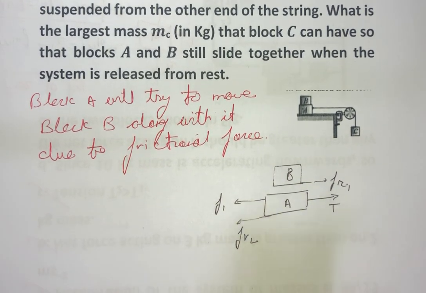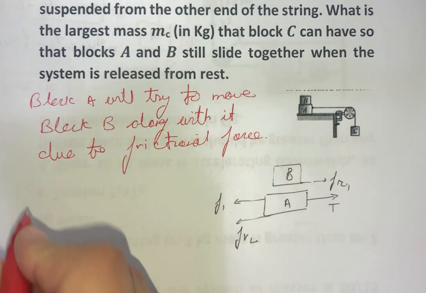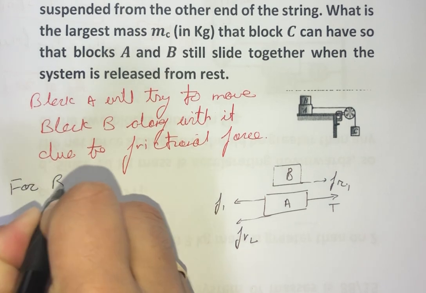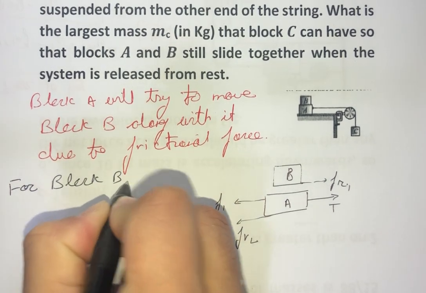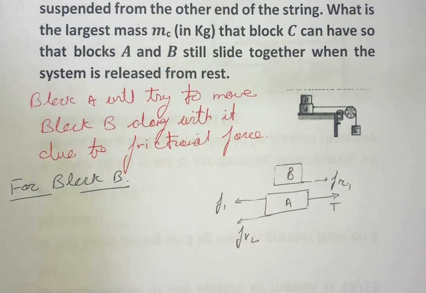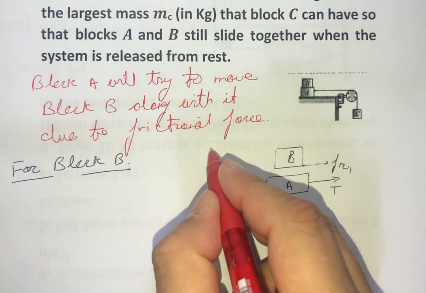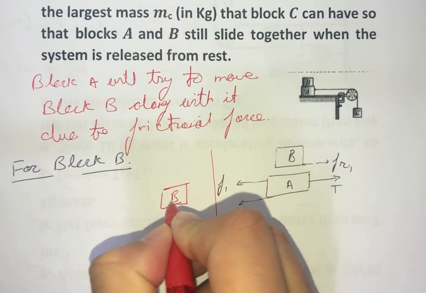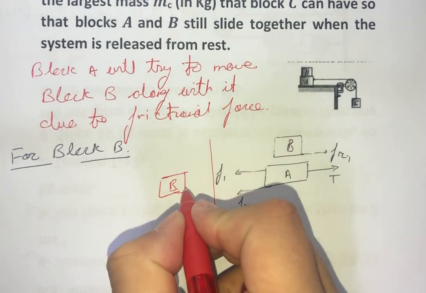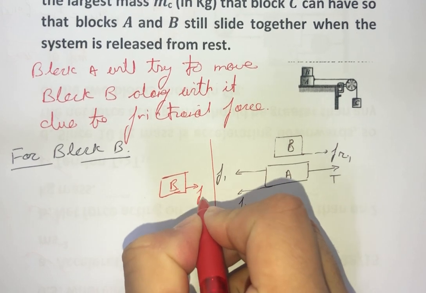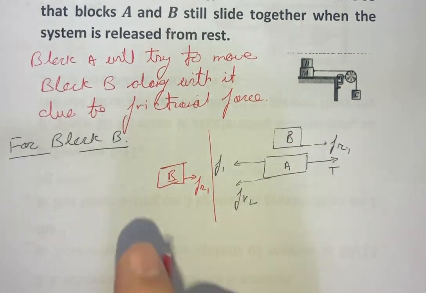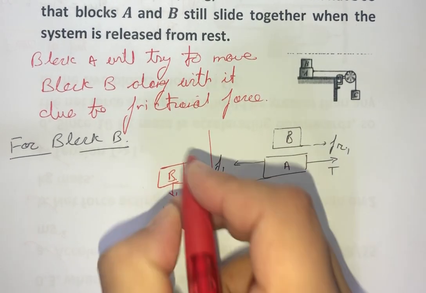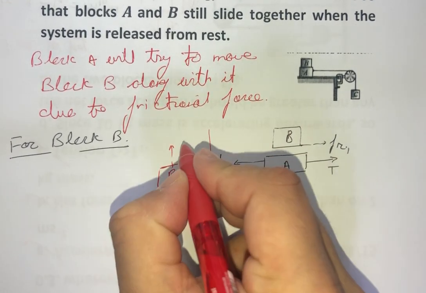So let us consider block B. So this is our block B and the force acting on it is a frictional force Fr1. In the downward direction, let us call that mBg, and in the upward direction there will be a normal, let us call that NB.